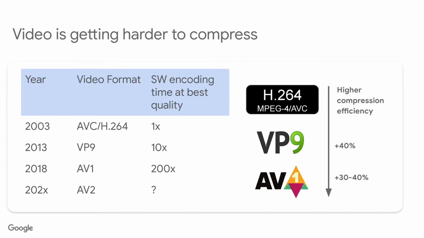With the improved compression efficiency, however, comes greatly increased complexity. For example, if we compare VP9 from 2013 to the decade-older H.264, the time to encode videos in software has grown 10x. The more recent AV1 format from 2018 is already 200 times more time-consuming than H.264.